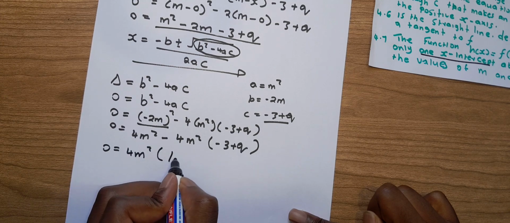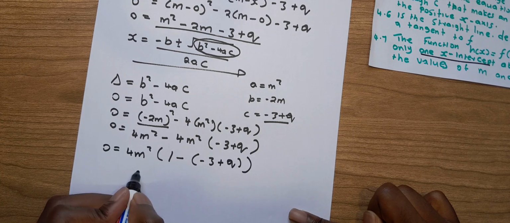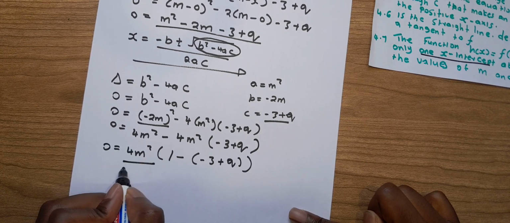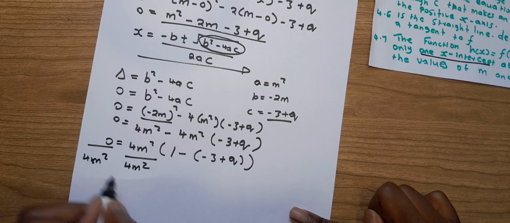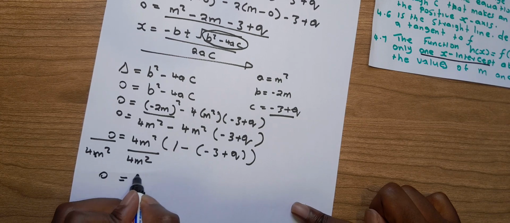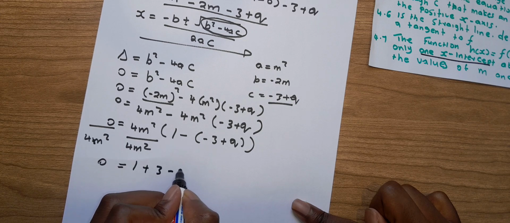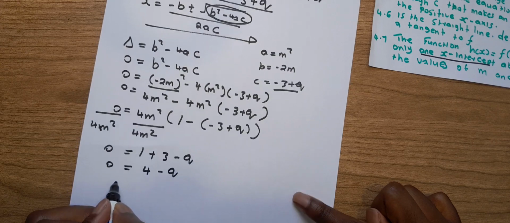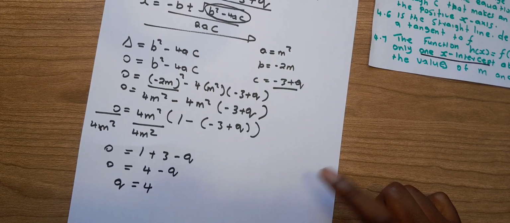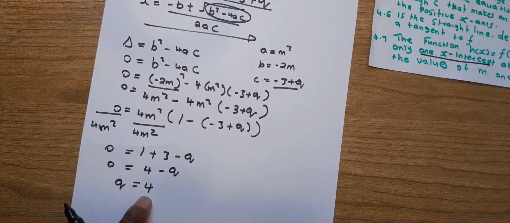We'll be left with 1 minus, minus 3 plus q. Then we divide both sides by 4m squared. You are left with 0 equals 1 plus 3 minus q, so 0 equals 4 minus q. You find that q actually equals 4.